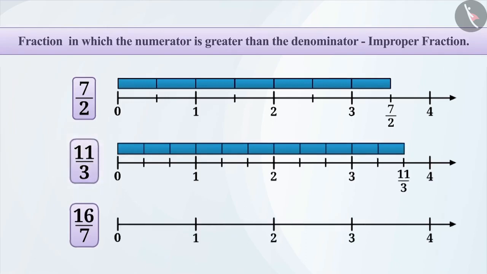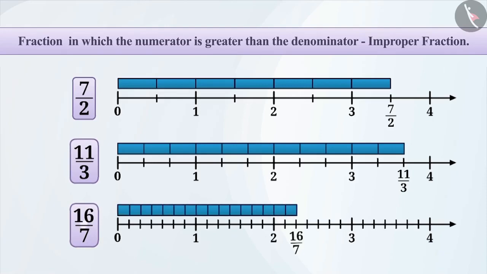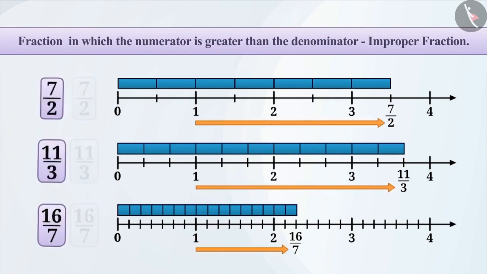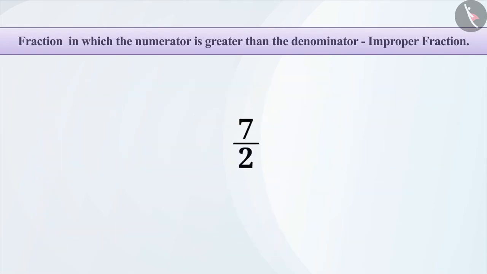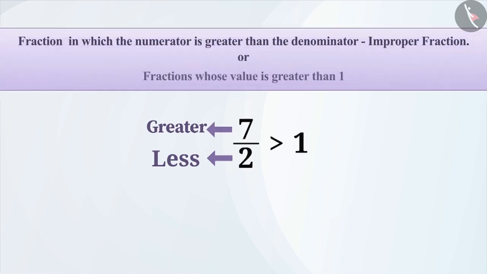Similarly, for 16/7, we will divide unit length to 7 equal parts and take 16 such parts on the number line. As you can see, here each fraction is lying on the right side of 1. Therefore, it's greater than 1. Therefore, we can say that whenever the numerator is greater than the denominator, the value of this fraction is greater than 1, such fraction is called as an improper fraction.